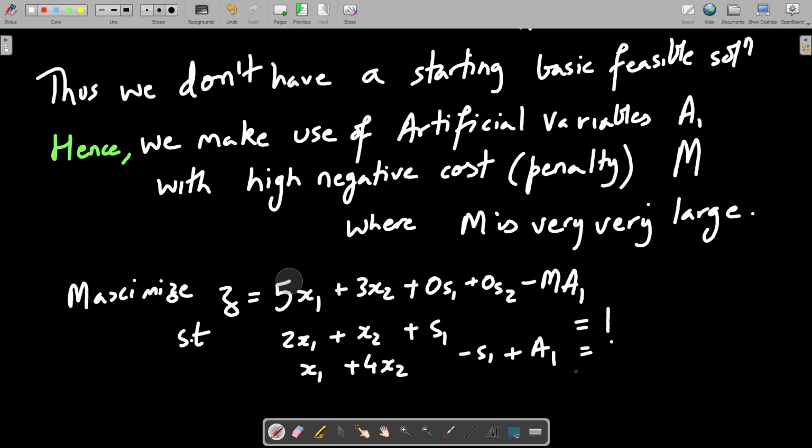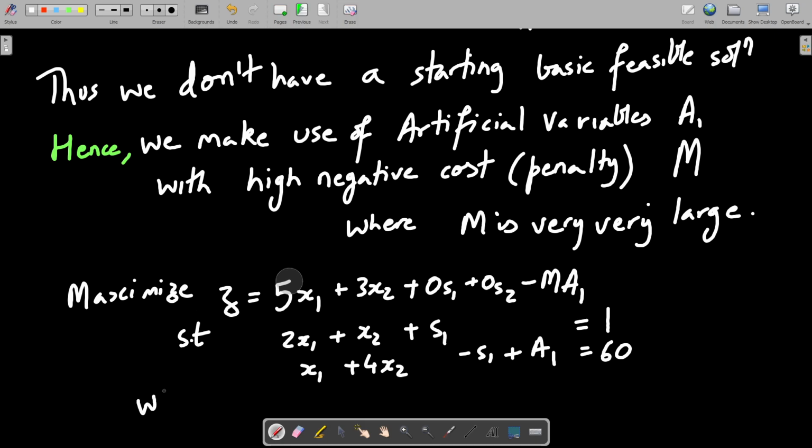Oh, sorry, this is 60, right? Okay, so I added one more variable over here which still maintains that equality as such compared to that.